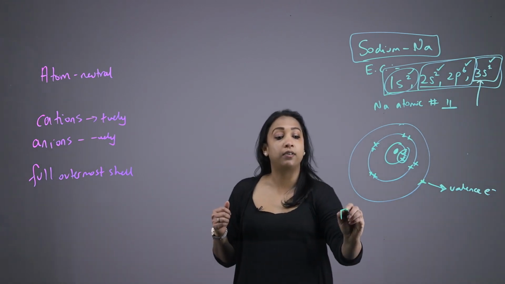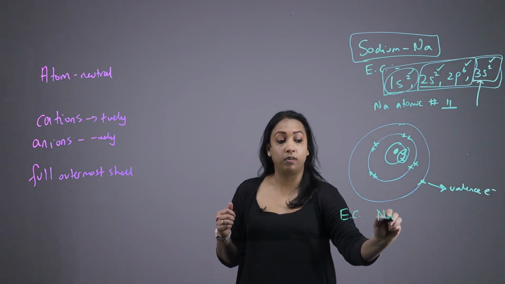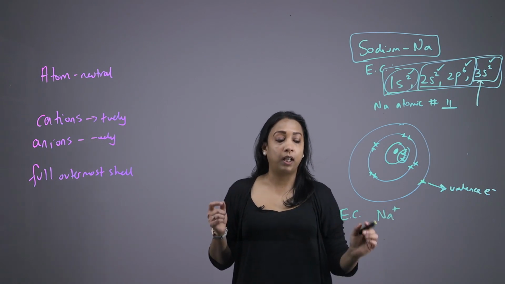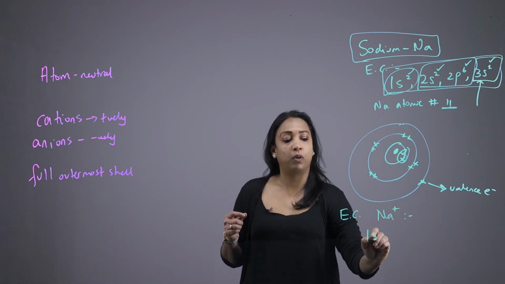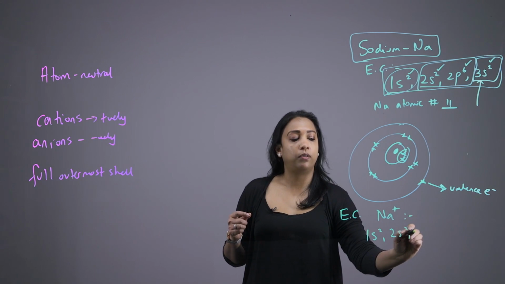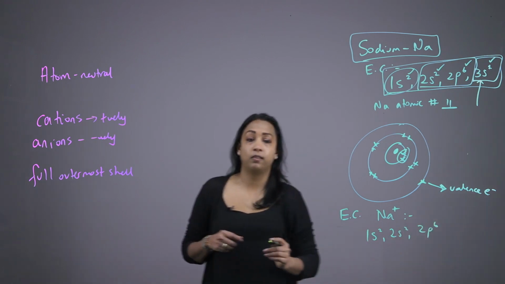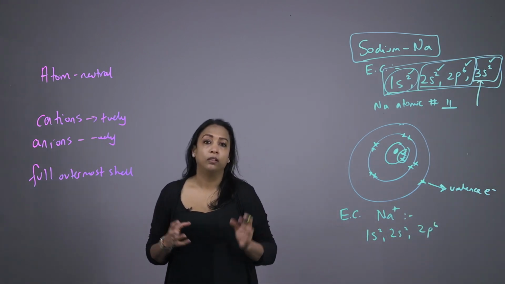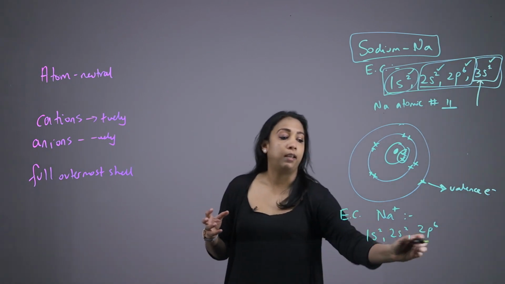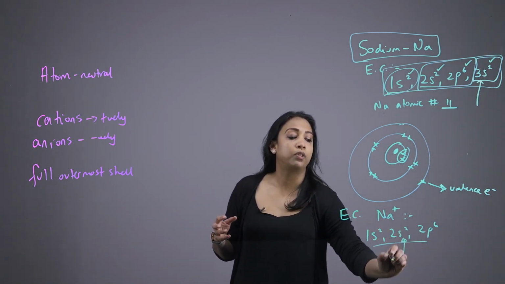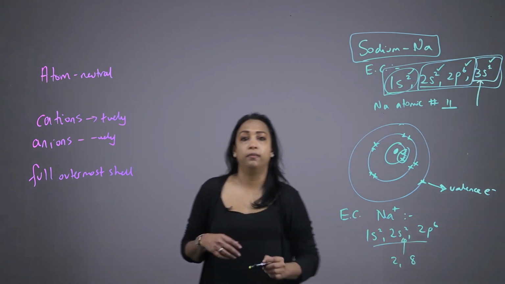Okay, so then the electronic configuration of the Na+ ion becomes 1s2, 2s2, and 2p6. So Na+ is now stable. We have a full outermost shell, 2 and 8.